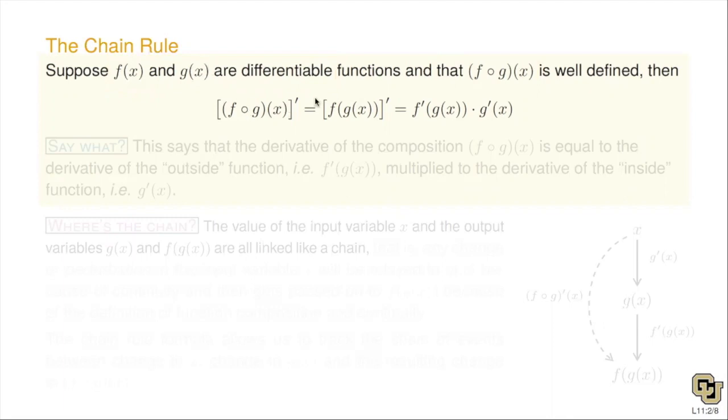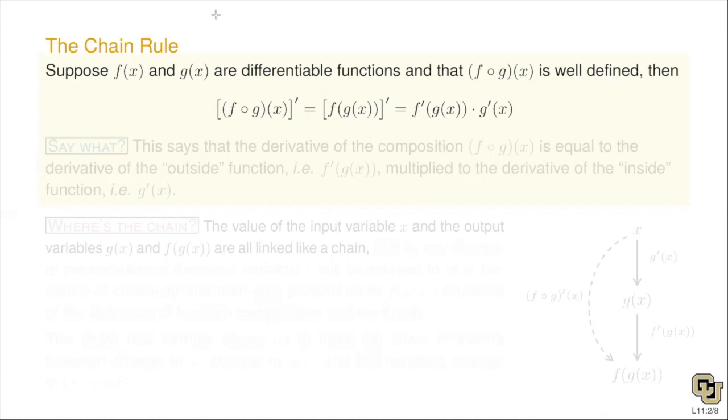When we look at the composition, f composed of g, we think of the function g as the function on the inside. G of x is the so-called inside function, and f is the function on the outside.